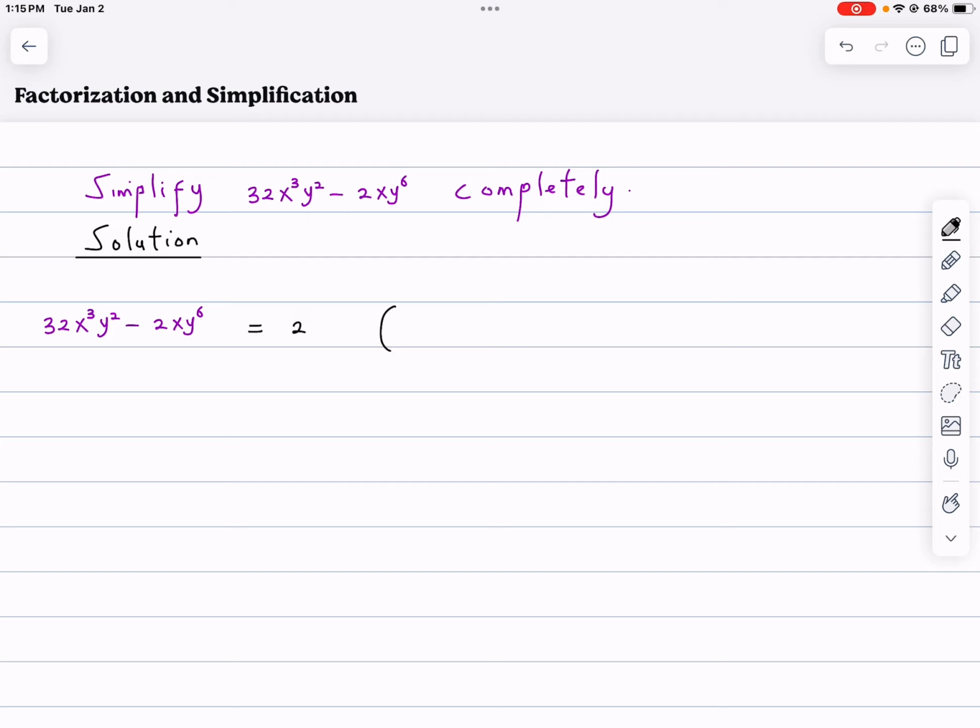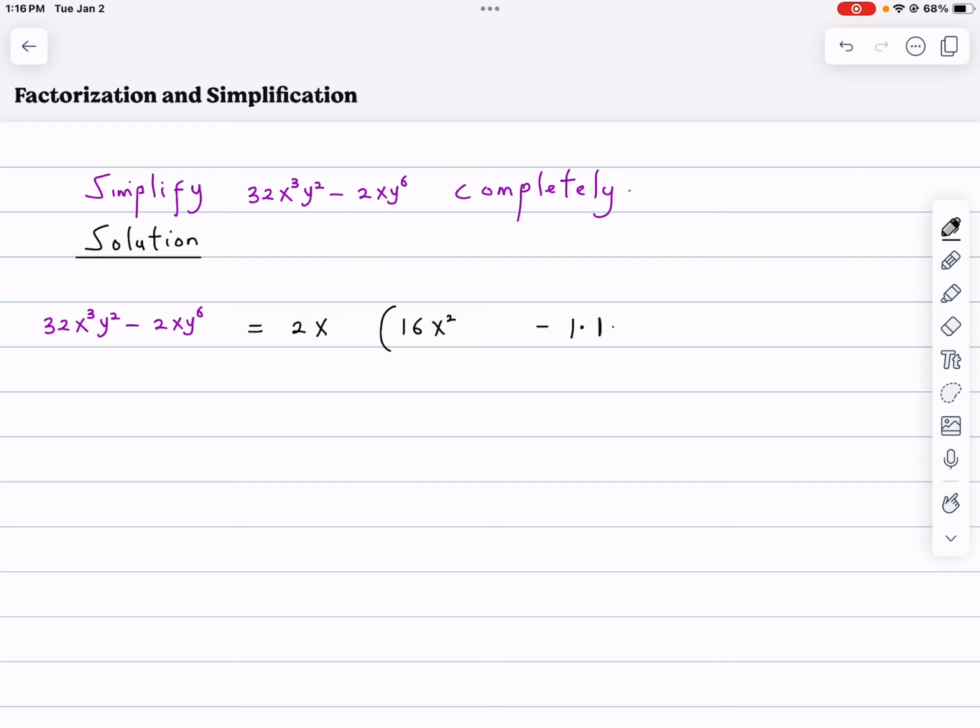And then in the first term, I'm going to be left with 16. And in the second term, I'm just going to be left with 1, right? And if you look at x cubed in the first term and x in the second term, I can pull out an x. In the first term, I'm going to be left with x squared. And in the second term, I'm going to be left with just 1.